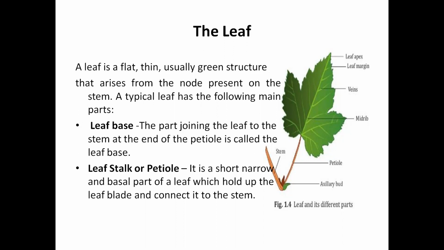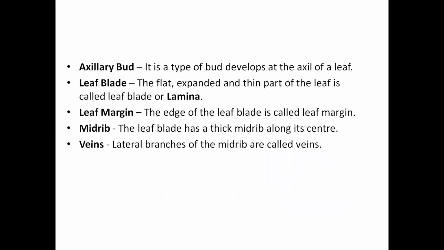Next is the axillary bud. It is a type of bud developed at the axil of a leaf. It is capable of developing into a branch or shoot or a cluster of flowers. Next is the leaf blade. The flat, expanded and thin part of the leaf is called the leaf blade or lamina. It is mostly green in color.